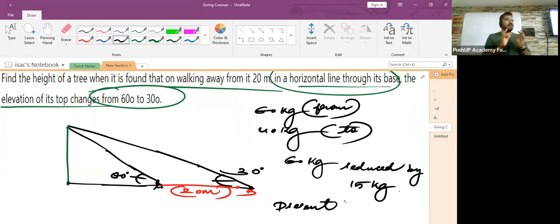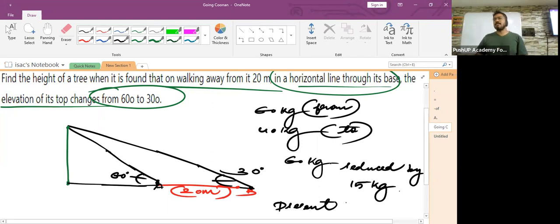Understand, children? You people are very good with language, since you have been learning language from your primary years, but still you make such mistakes in the exam. It is a very disappointing moment for the teachers, that too ICSE students doing such mistakes. So 60 kg reduced by 15 means from 60 you have to subtract 15.